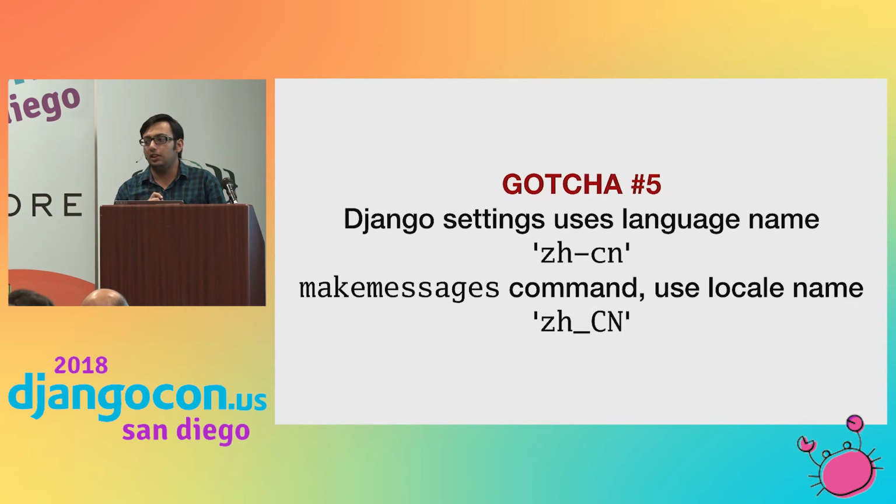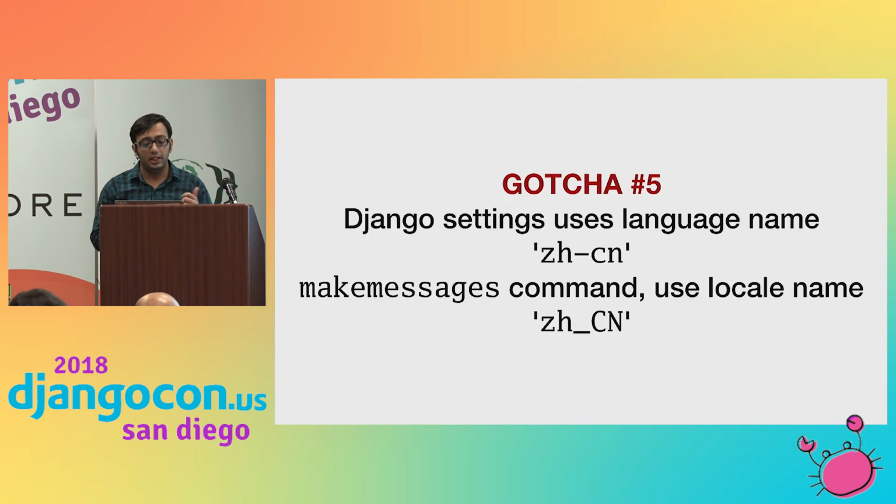Now, this is the crux of the whole presentation, which took me like 3 days to figure out. I was banging my head, I kept on reading the documentation, wondering why it wasn't working. Notice that when you mention the language in settings, you do it by language name. In this case, we have zh, which stands for Chinese, and cn for simplified Chinese, all in lowercase, separated by a hyphen.